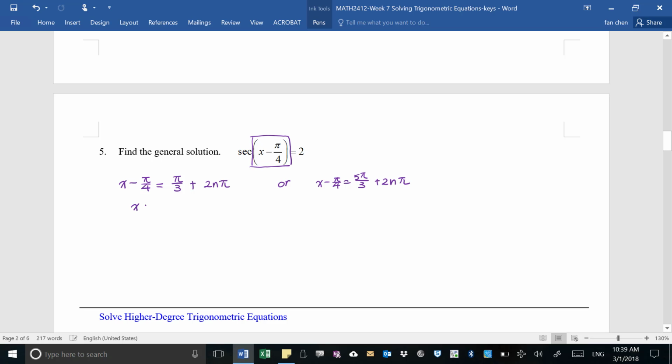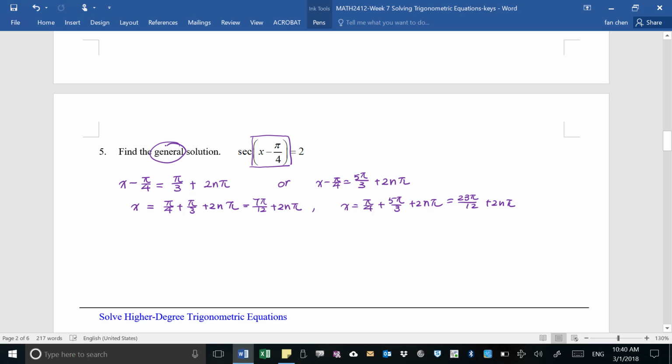Okay, so when you have x equal to pi over 4 plus pi over 3 plus 2m pi, that will give us 7 pi over 12 plus 2m pi. And this one is x equal to pi over 4 plus 5 pi over 3 plus 2m pi. And that one, finding the common denominator, if we simplify, will be 23 pi over 12 plus 2m pi.